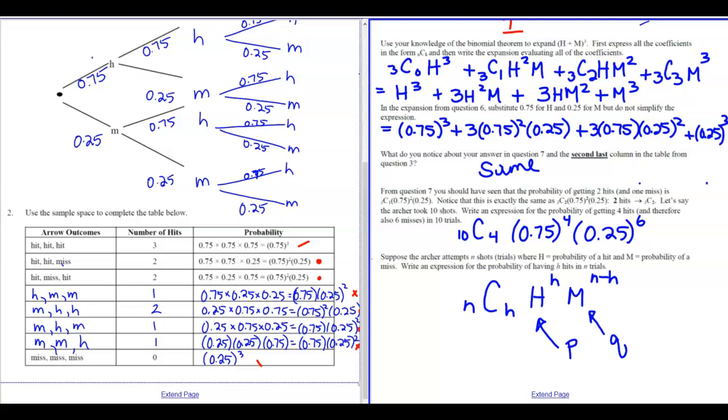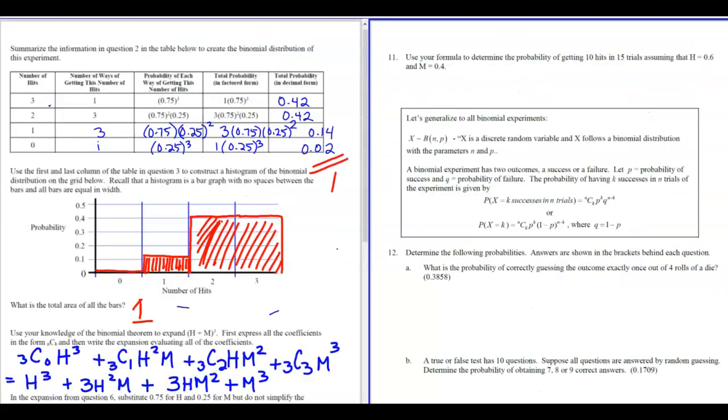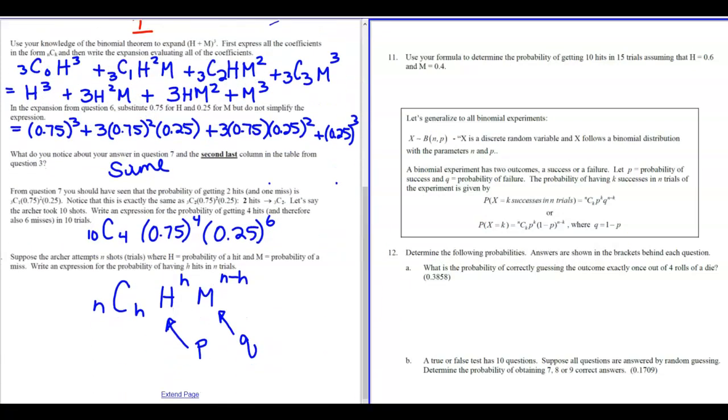Okay, so let's try one. Use your formula to determine the probability of getting 10 hits in 15 trials for an experiment where the probability of a hit is 0.6 and the miss is 0.4. Sometimes they'll just give you the probability of success.